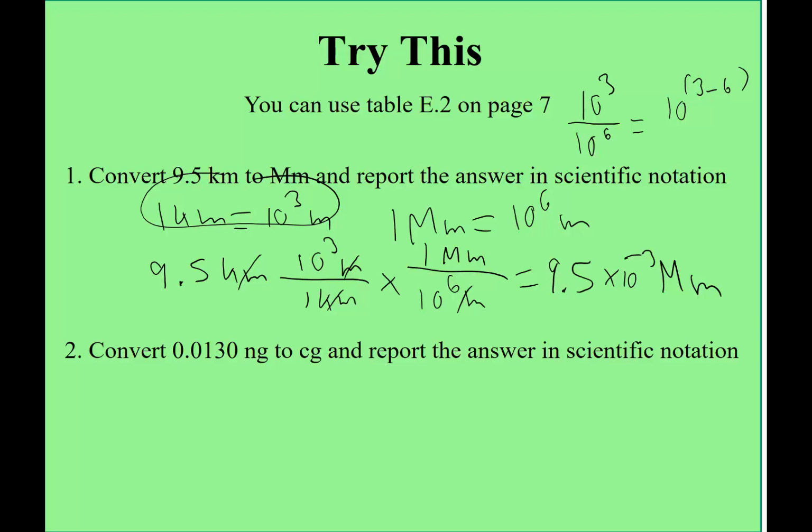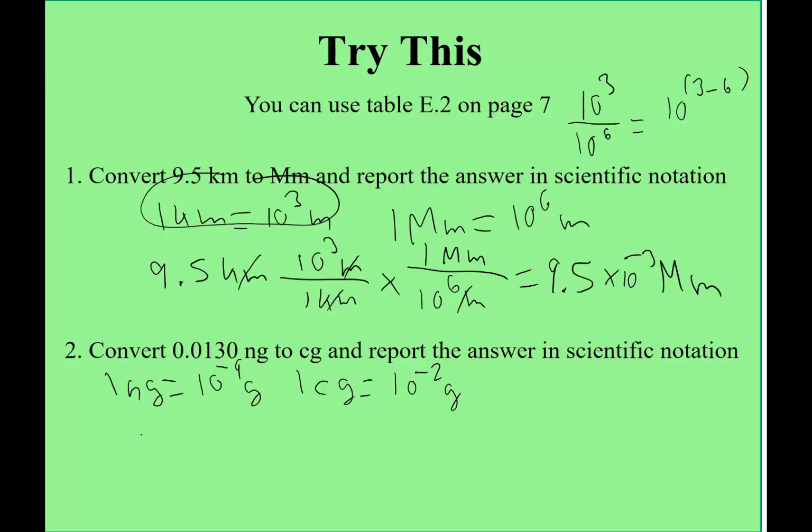We have convert 0.013 nanograms to centigrams. Recognizing the prefixes, find them on the table is important. 1 nanogram is equal to 10 to the minus 9 grams, and 1 centigram is equal to 10 to the minus 2 grams.